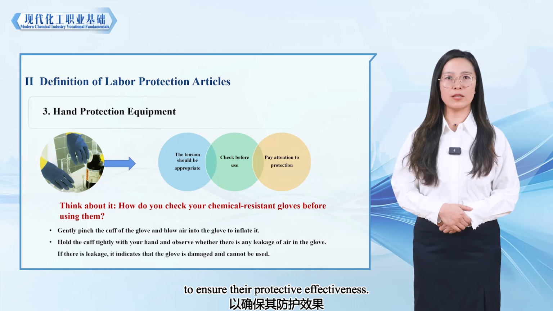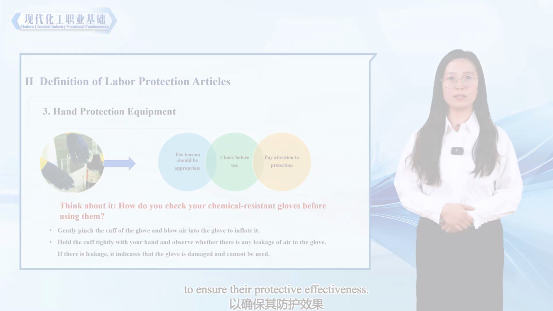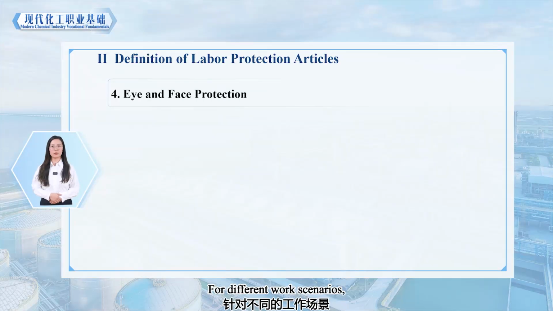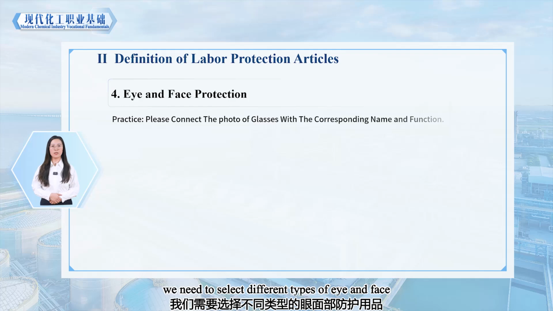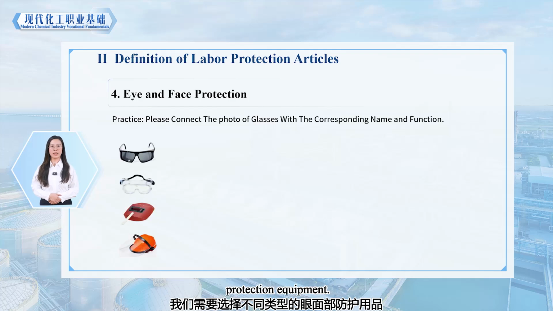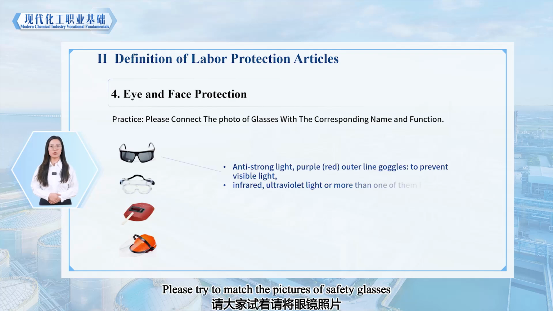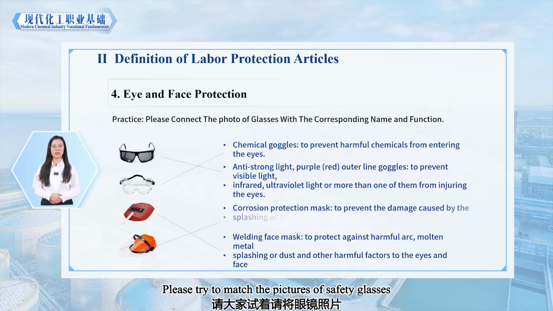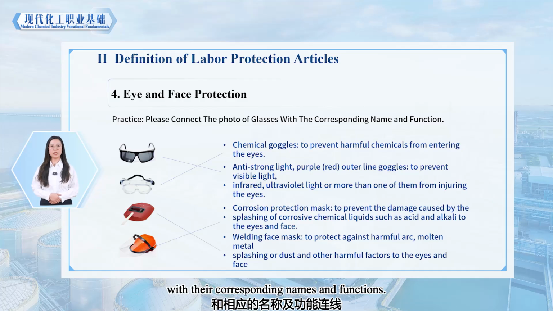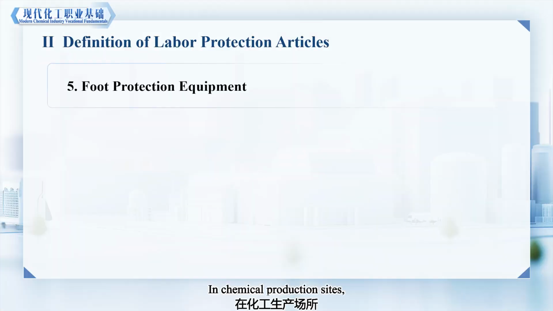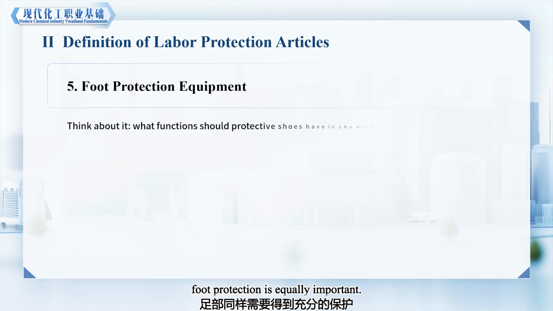To ensure their protective effectiveness for different work scenarios, we need to select different types of eye and face protection equipment. Please try to match the pictures of safety glasses with their corresponding names and functions. In chemical production sites, foot protection is equally important.